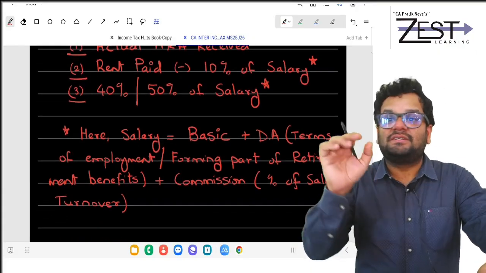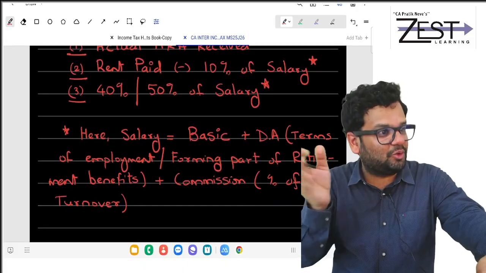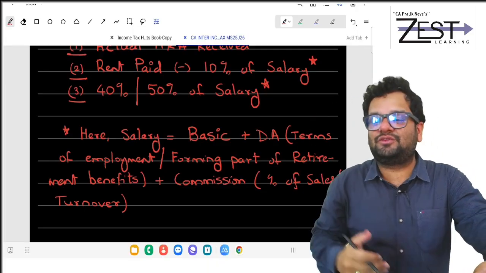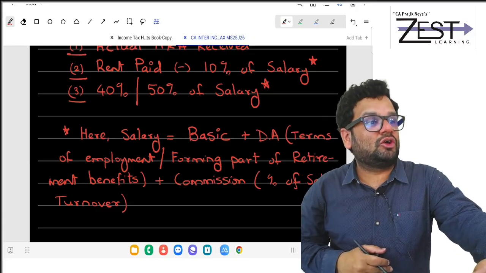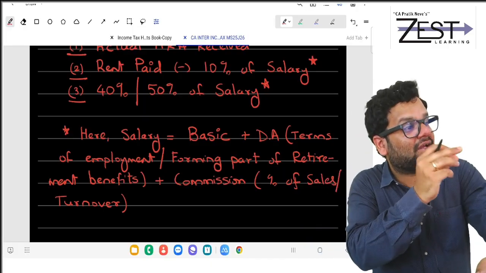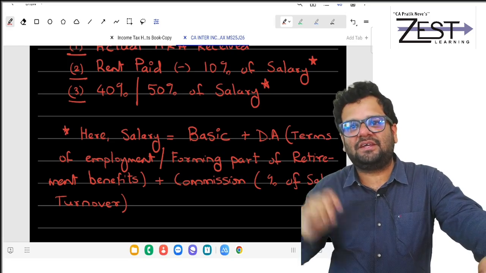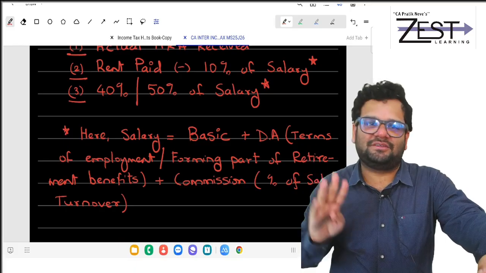But the point is, salary is so vast. It includes basic, bonus, commission, DA, all the allowances, monetary benefits, non-monetary benefits, so many things. So out of that, what exactly will you take as salary here? Only 3 elements: basic, DA, and commission. That's it.